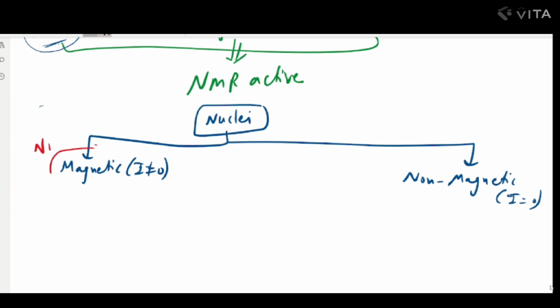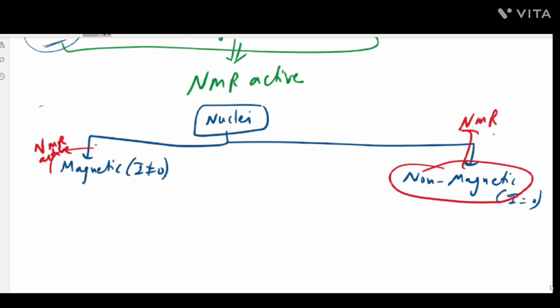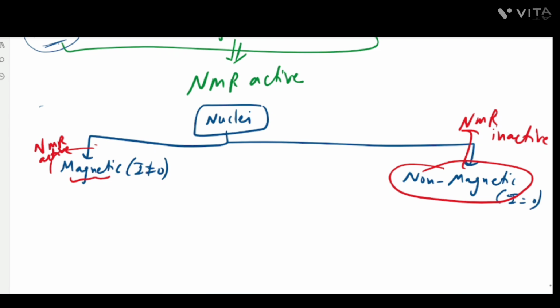The magnetic ones will be NMR active and the non-magnetic ones will be NMR inactive.